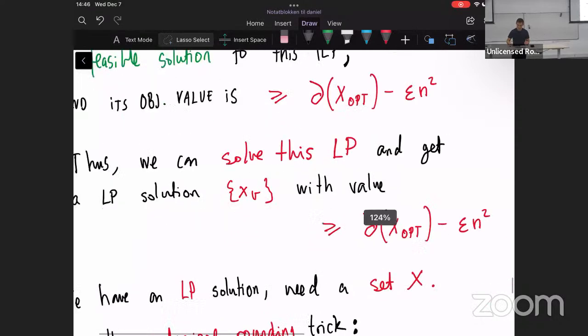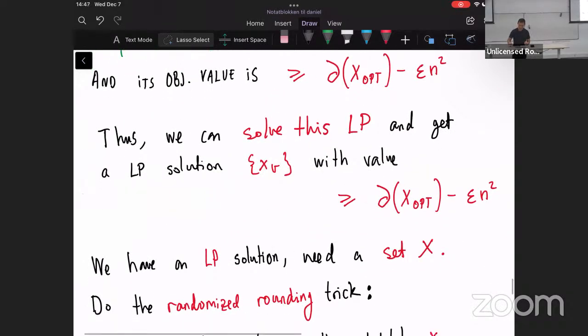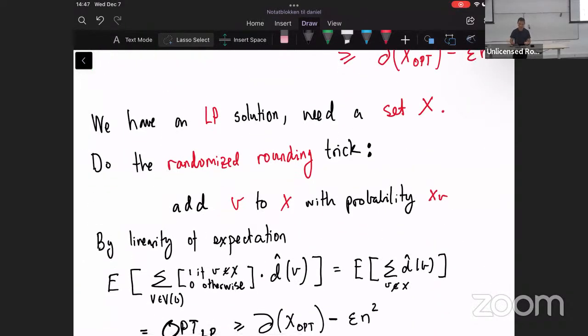So what we're going to do is the randomized rounding trick. We have a variable xv that is between 0 and 1. Add each vertex v to my solution, it should be S so that I don't confuse it, with probability xv. And now we ask ourselves, what happens when I get this set?